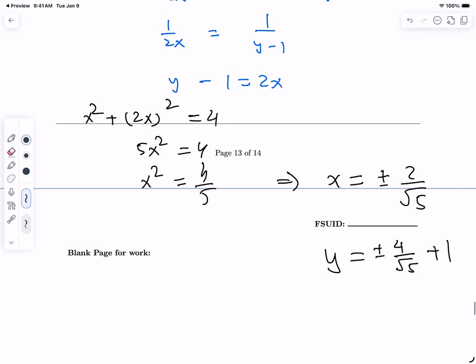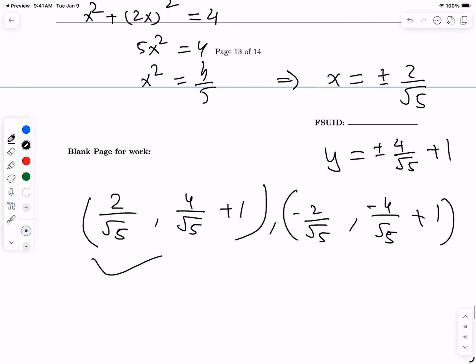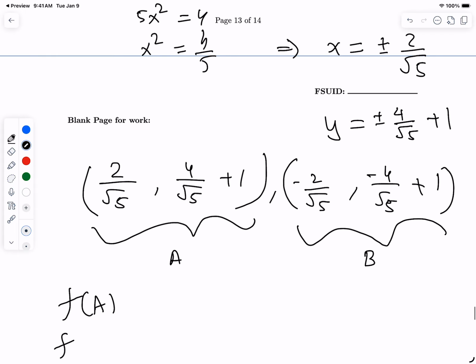Okay, so the points are (2 over root 5, 4 over root 5 plus 1) and (negative 2 over root 5, negative 4 over root 5 plus 1). Let us call this point A and this point B. Now see the function value at A and the function value at B to decide which one gives you the maximum.